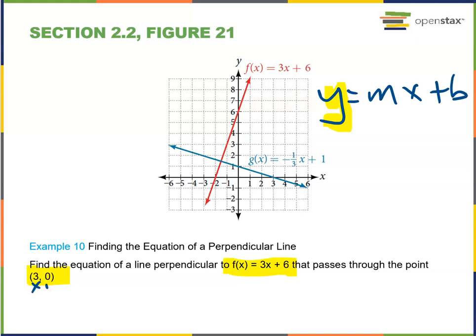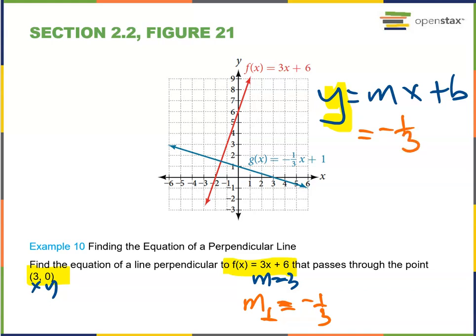Let's use this as your x, y. Since the slope here is equal to 3, the negative reciprocal of that will be the slope of your perpendicular line. This is the symbol for perpendicular line. The negative reciprocal of 3 is negative 1/3. So we know that the slope is negative 1/3.